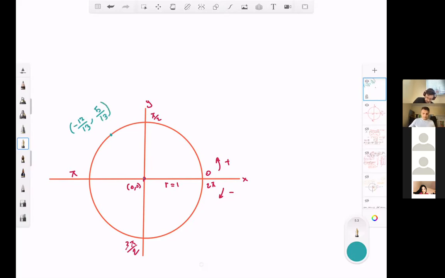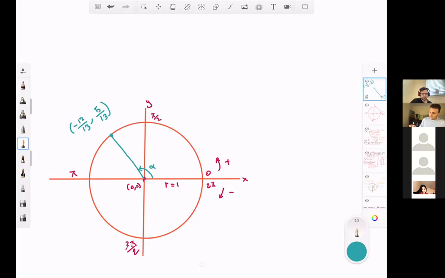This is a point on that circle. If I connect it, I will get this theta or alpha. The question is, find the six trigonometric values for alpha.